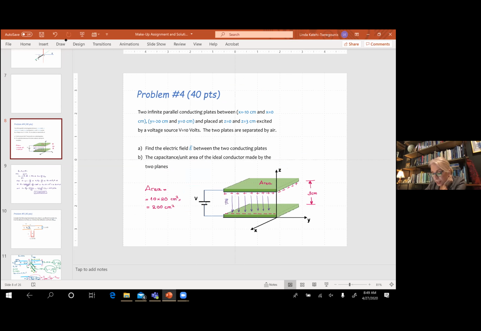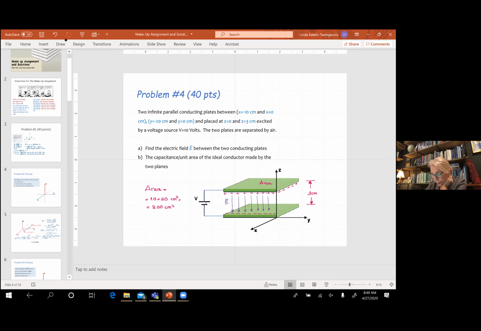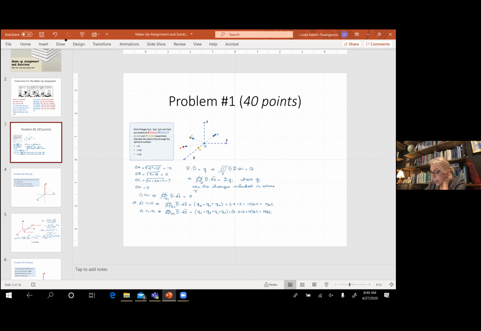This is for capacitance to calculate. I may have a dielectric in there, or a problem like this, where you have charges, and then I ask you for the flux through a surface to see how many charges are included inside the surface.